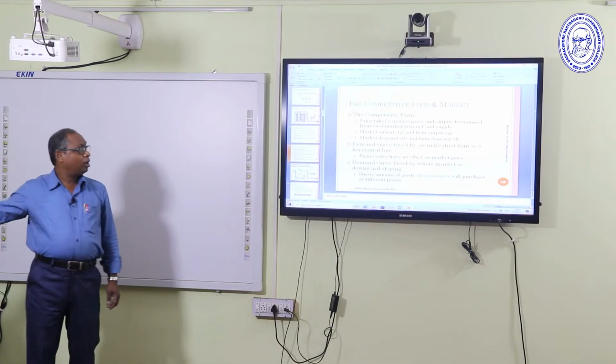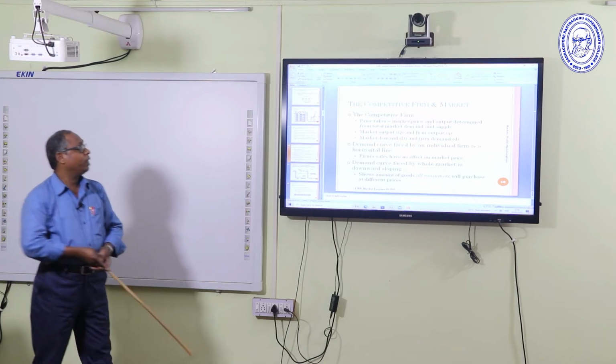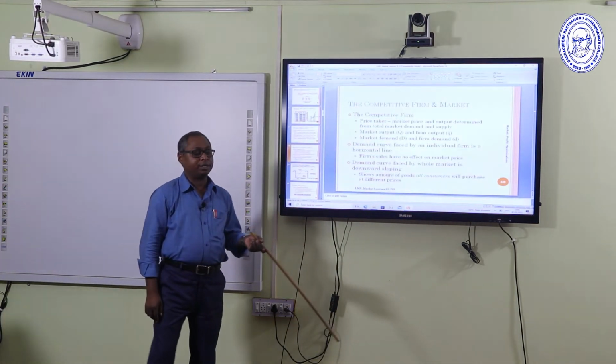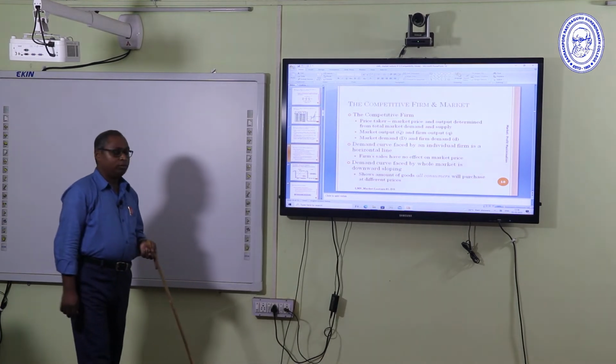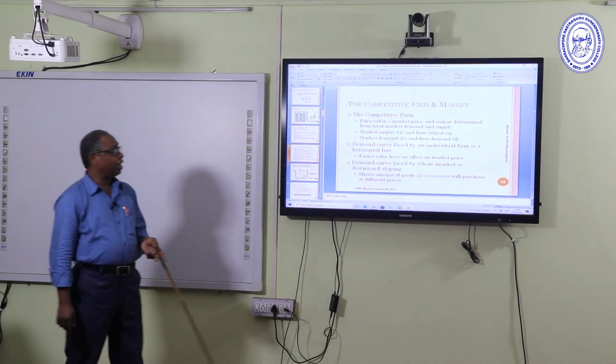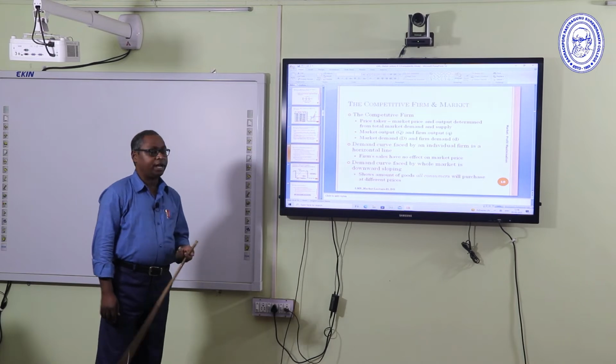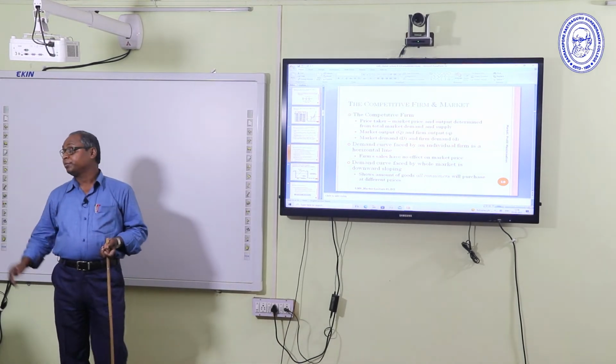Now we can move to the competitive firm and competitive market. Up to now we have seen how competitive market equilibrium happens, and the equilibrium is unique.